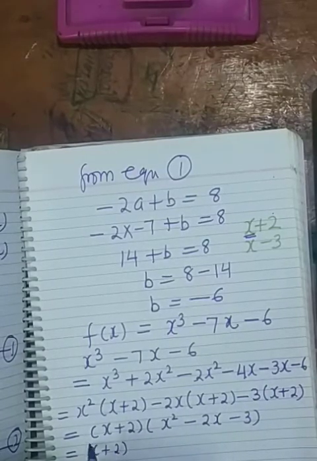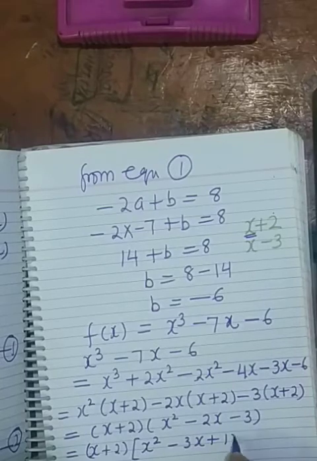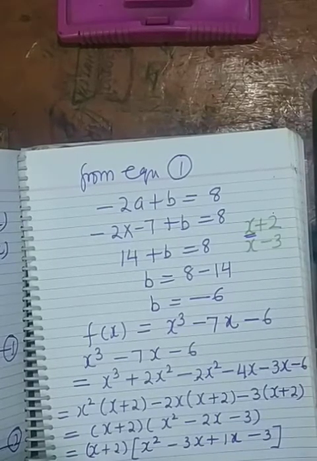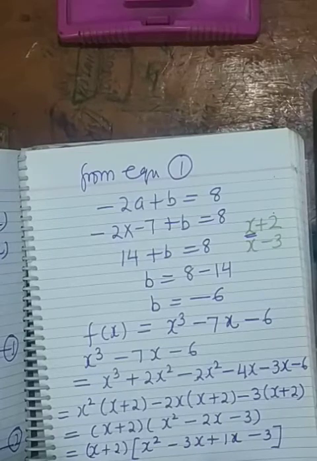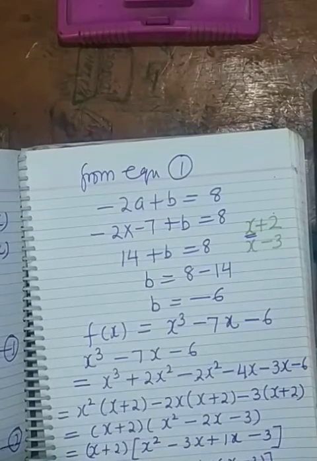Now we will factorize this by splitting the middle term. X plus 2. How will you split? x square minus 3x plus 1x minus 3. So x plus 2. What is common from here? X is common. So x minus 3. 1 is common. So x minus 3. X minus 3 is common from the whole.